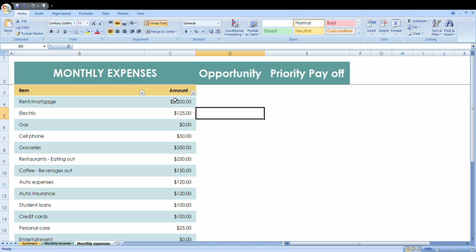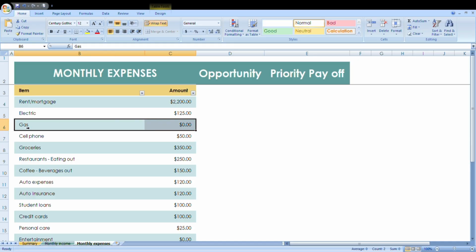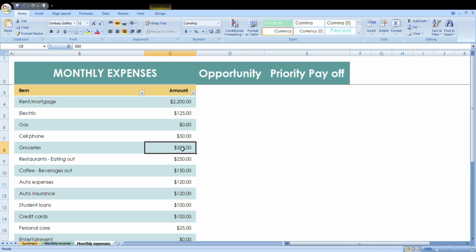So you have your rent. Of course, I put the things that are necessities at the top. Your rent, the cost of that, electric, gas if you have gas, like gas in your home, for cooking and heating and things like that. Cell phone, groceries.